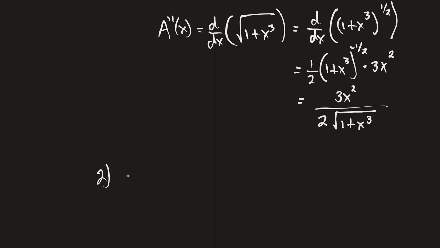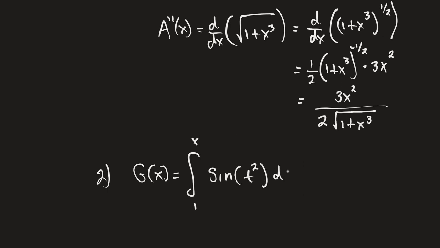So another example. Now, do we have to use A of x? No, we started using A of x because we're associating this function with area, but it could be any letter. It could be g of x, and it could be from 1 to x of sine of t squared dt, right?